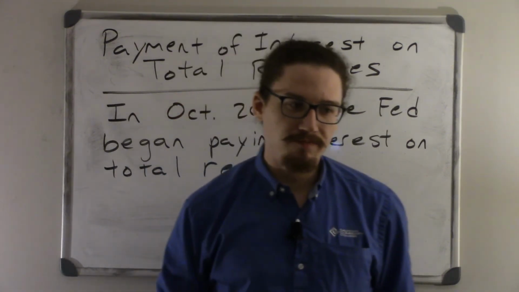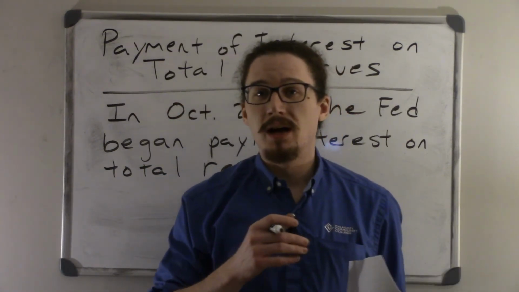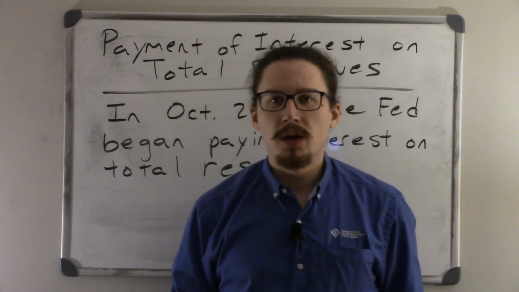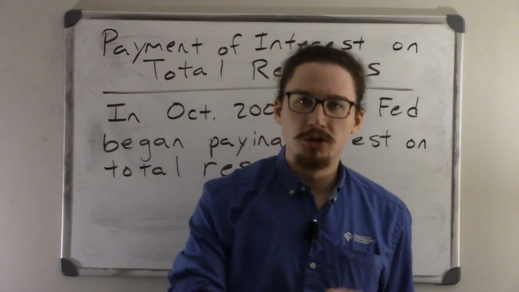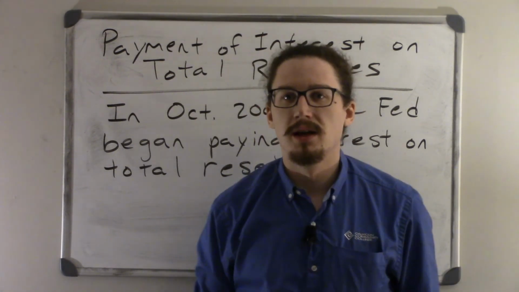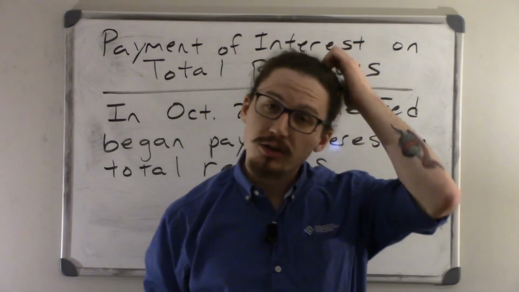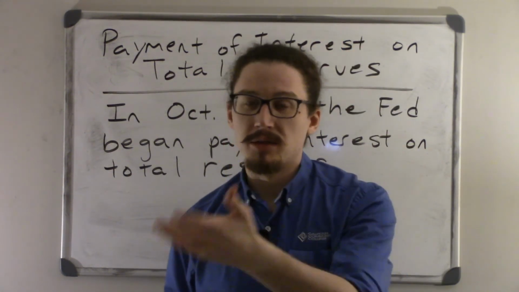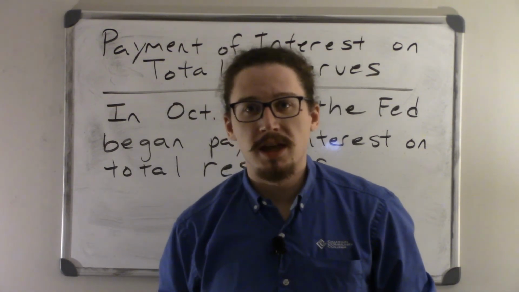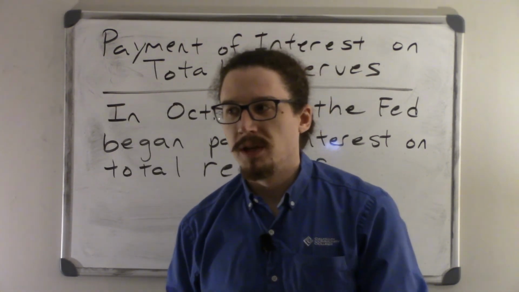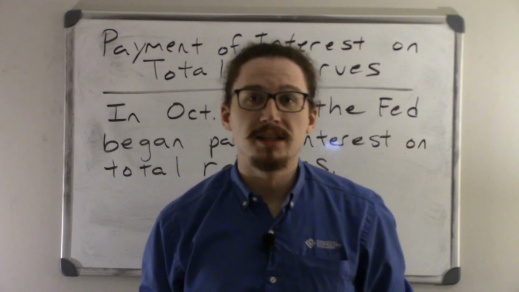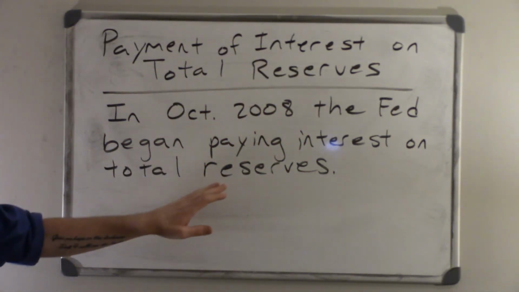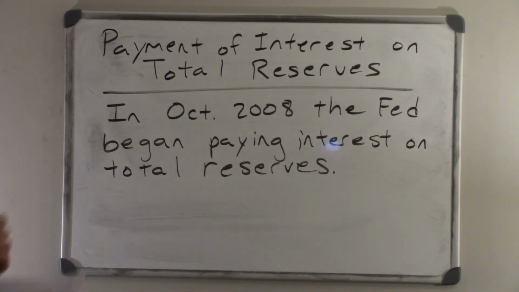This led to a bit of a problem because the Fed sometimes found that the banks and financial institutions that held accounts with them were doing things counter to their policy. If they're trying to increase the aggregate demand or increase the money supply, sometimes the holders of these accounts would be doing things that went against that policy type.